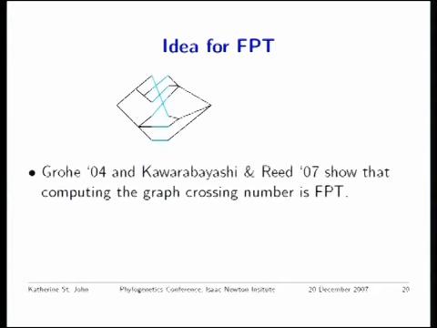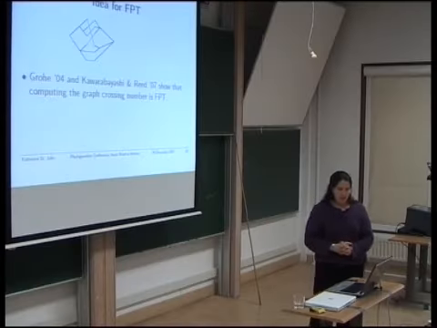And I mentioned the Grohe one. It's n squared, and Reed's is n. They both appeal to very, very deep results in embedding graphs on surfaces of high genus.